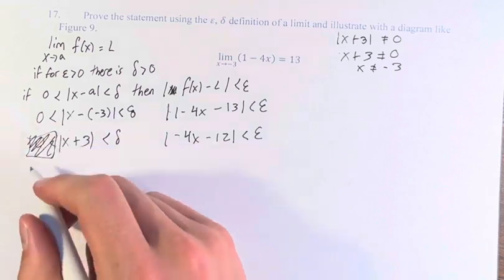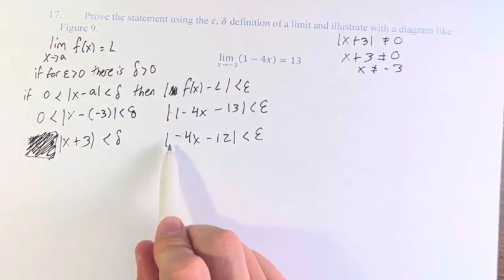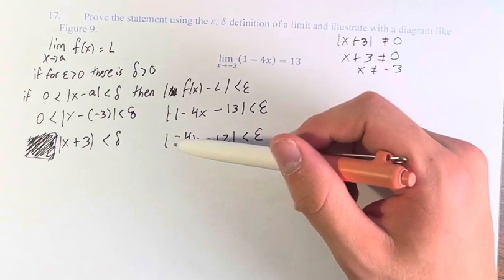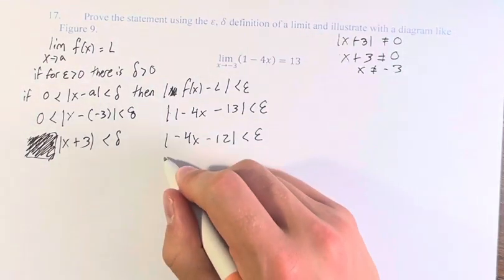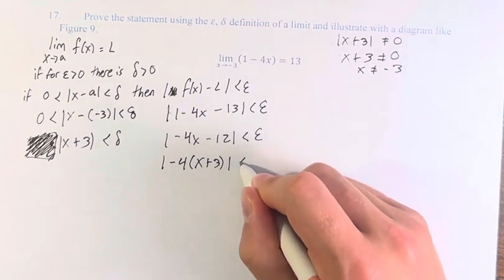So we simply have the absolute value of x plus 3 is less than delta, and the absolute value of -4x minus 12 is less than epsilon. So now what we can do is factor out a -4 from this absolute value. You have to be a little careful here because this is a negative number.